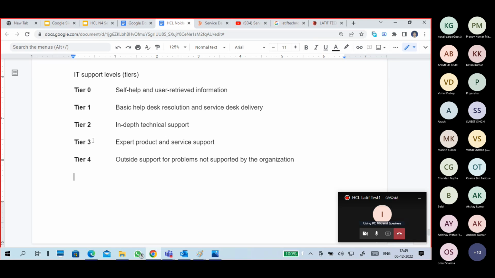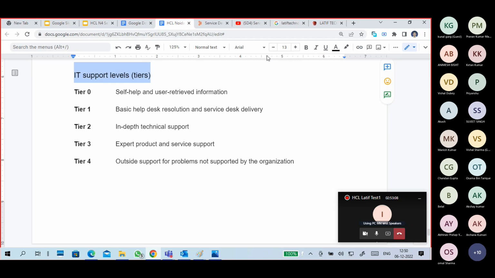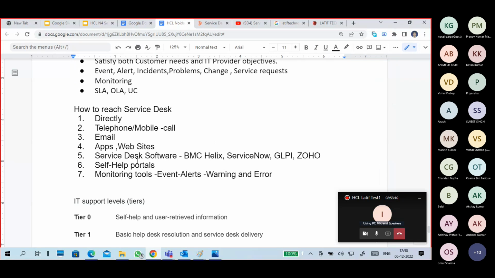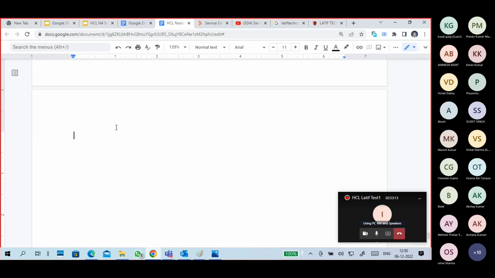Once you have done a lot of work on the service desk, then you go into one technology or one particular product-based support. When your knowledge there is expert level, that is Tier 3. So these are the different levels.